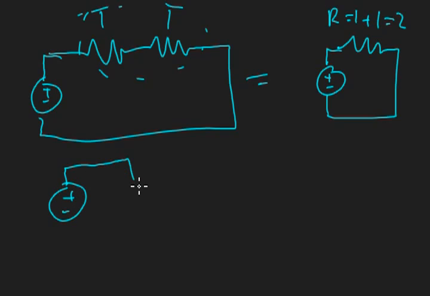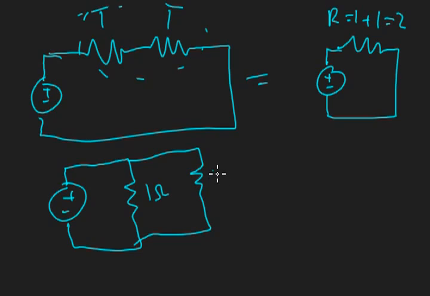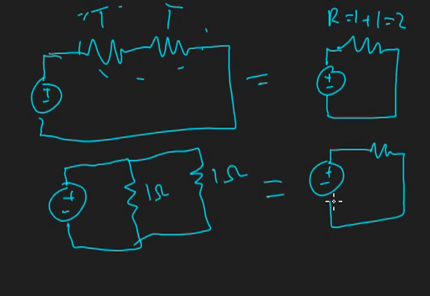In parallel it's a little trickier. Say you had two resistors again in parallel, 1 ohm and 1 ohm. I should really write the units, but hopefully you get it. If we wanted to convert this into an equivalent resistance, we would use the formula Req equals R1 times R2 over R1 plus R2.